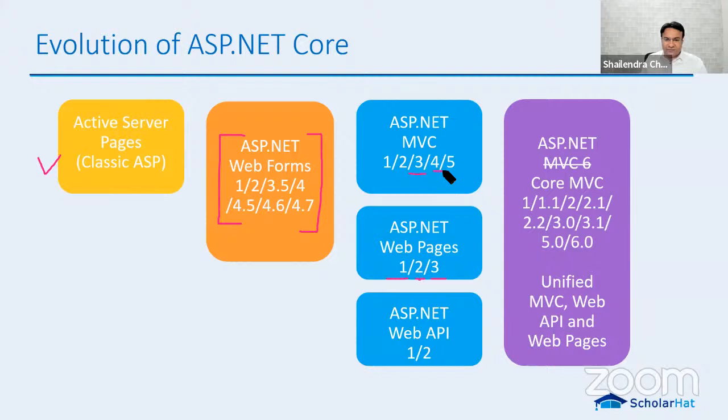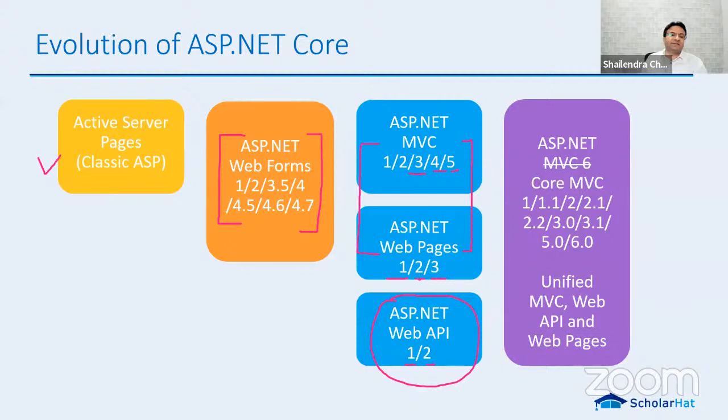And when they introduced MVC 4, at the same time they introduced Web API 1, then Web API 2 when they introduced MVC 5. So this is the way they introduced MVC, Web Pages, and Web API for building the UI as well as REST APIs. When it comes to building the UI, these two things we use for building the UI, and this one we use for building the API. So before ASP.NET Core, we had three different styles: two styles for building the UI and one style for building the API.